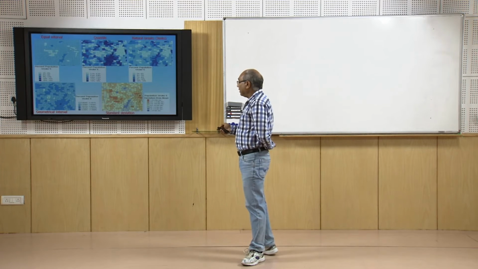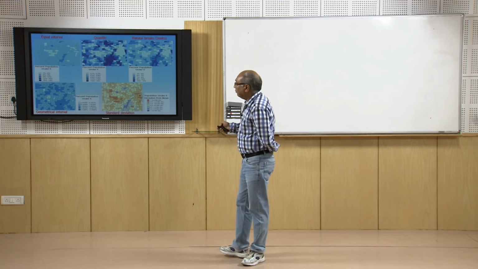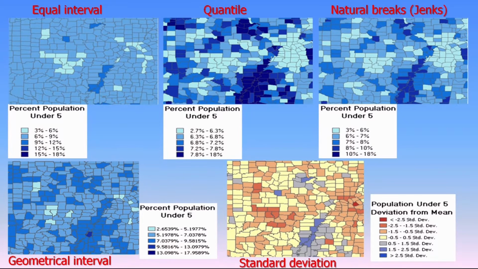Now the examples are here together: equal interval, quantile, natural breaks which is based on Jenks optimization, geometrical and standard deviation. As you can see, in all examples except standard deviation the number of classes is 5, while in standard deviation it is 7.